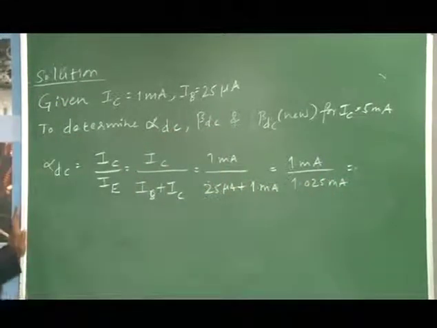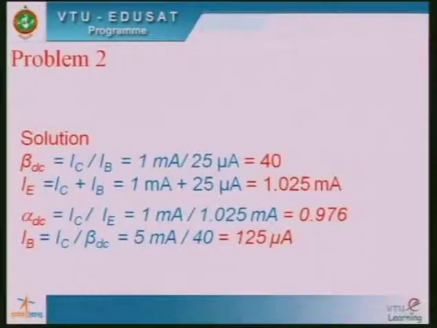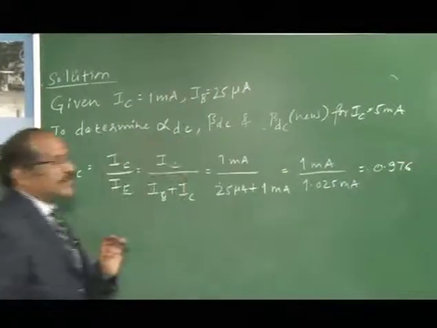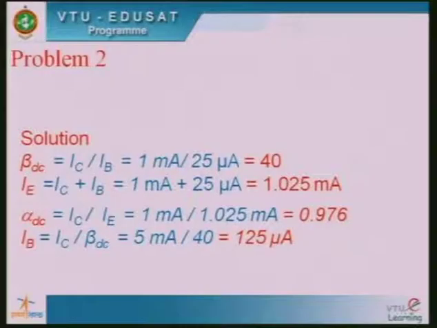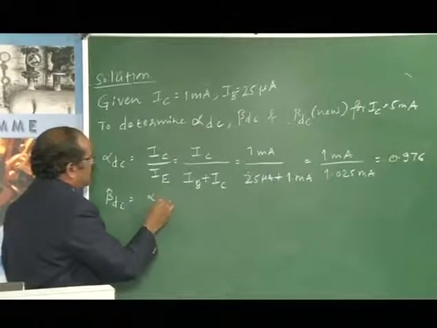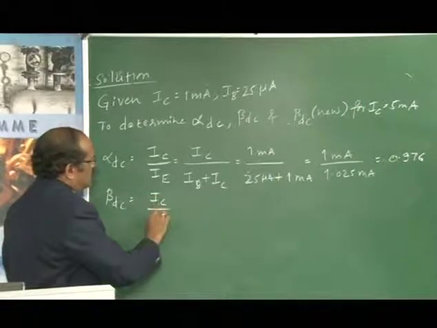Using this, we get alpha DC, which comes around 0.976. Similarly, we can find beta. Once you know alpha DC you can directly write beta, or otherwise you can use the ratio of IC by IB.